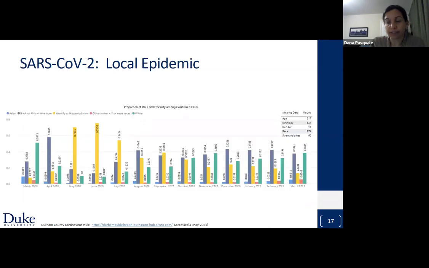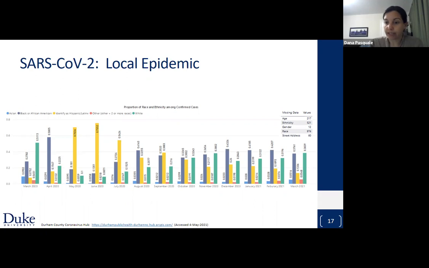Not surprisingly, there is racial and ethnic disparity in SARS-CoV-2 cases. So this chart shows the proportion of positive SARS-CoV-2 cases by racial and ethnic groups in any given month, starting with March 2020 last year. It is not scaled to population size. So in the first block, March 2020, the green bar for white people dominates, and that likely reflects who was able to get tested.